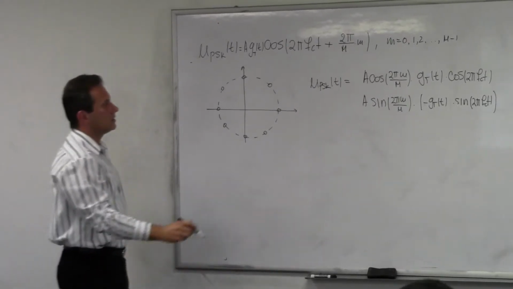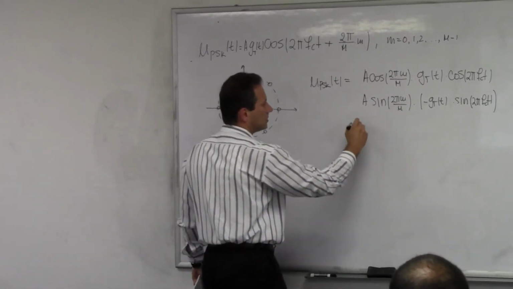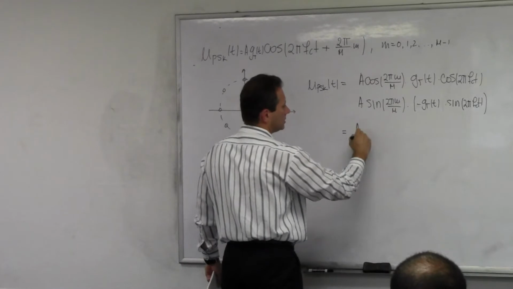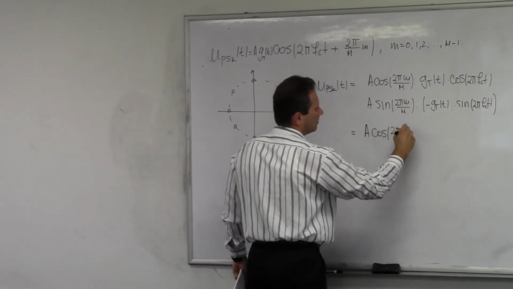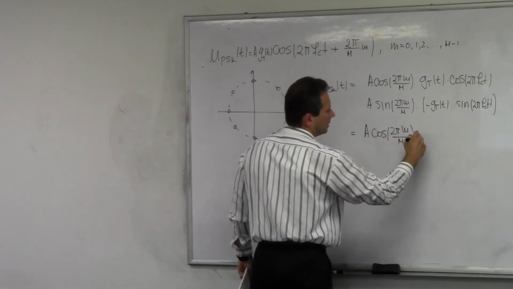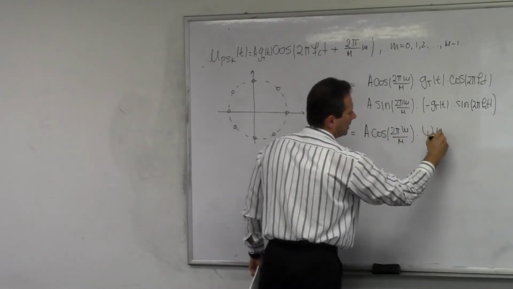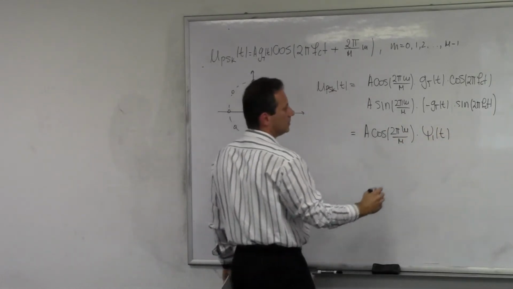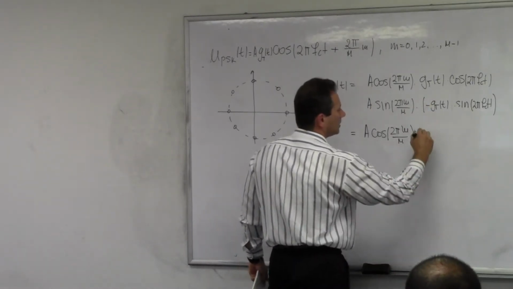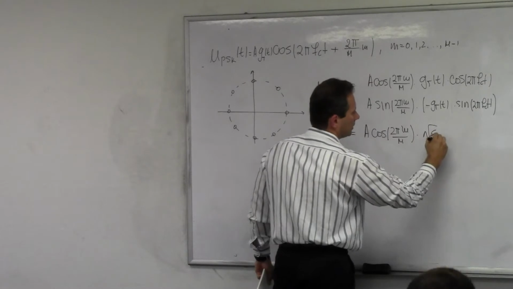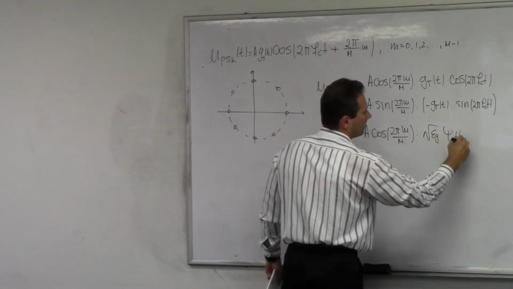Now you can see that this is essentially a two-dimensional modulation scheme, where this A cosine 2 pi m over capital M is modulating our basis vector psi 1 of t. Actually, this whole thing, g_T of t times cosine, we define as square root of energy times psi 1 of t.